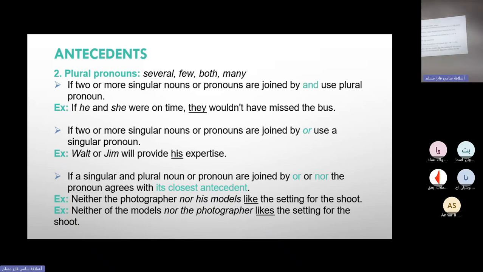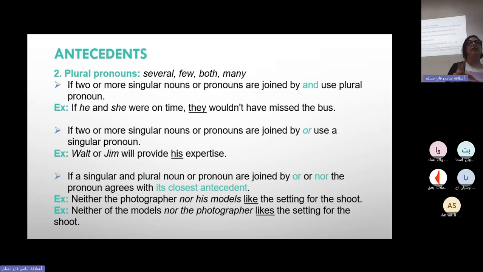For example, the models or the photographer likes.